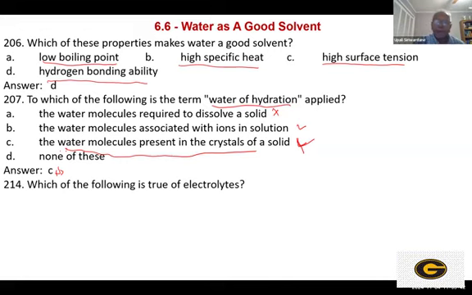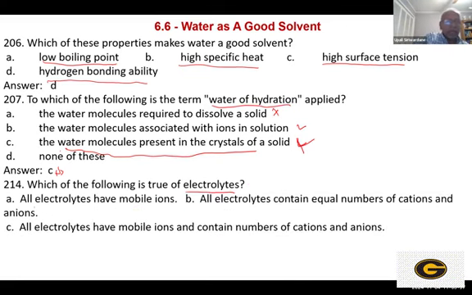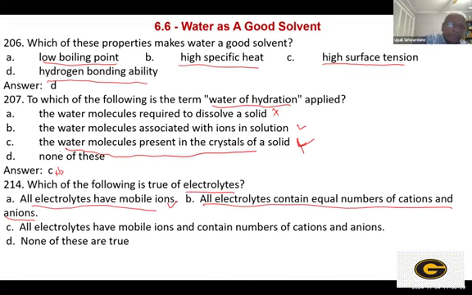Which of the following is true of electrolytes? All electrolyte types, that's true. Electrolytes need to have equal numbers, that's true. All electrolytes have mobile ions, that's true.